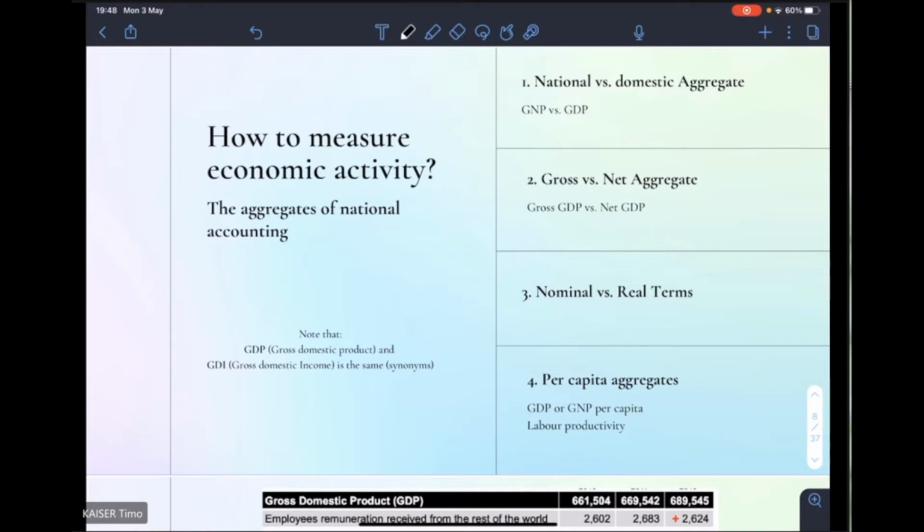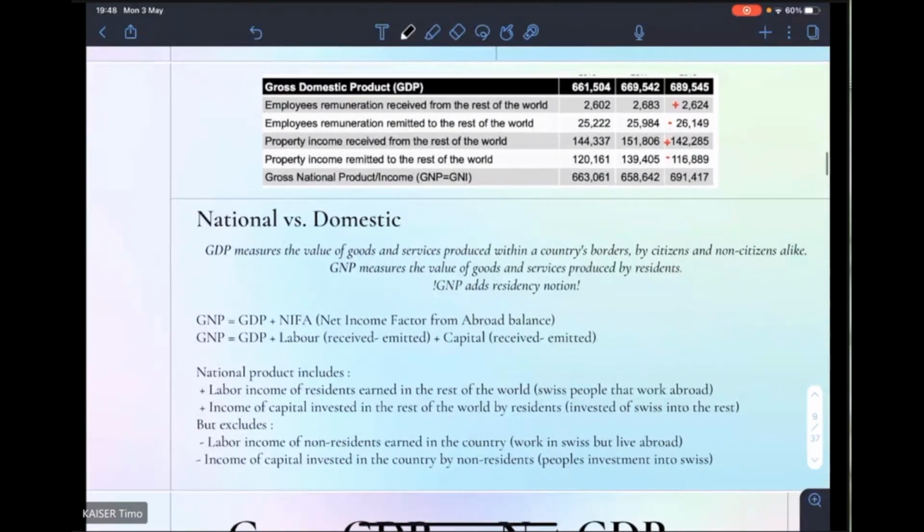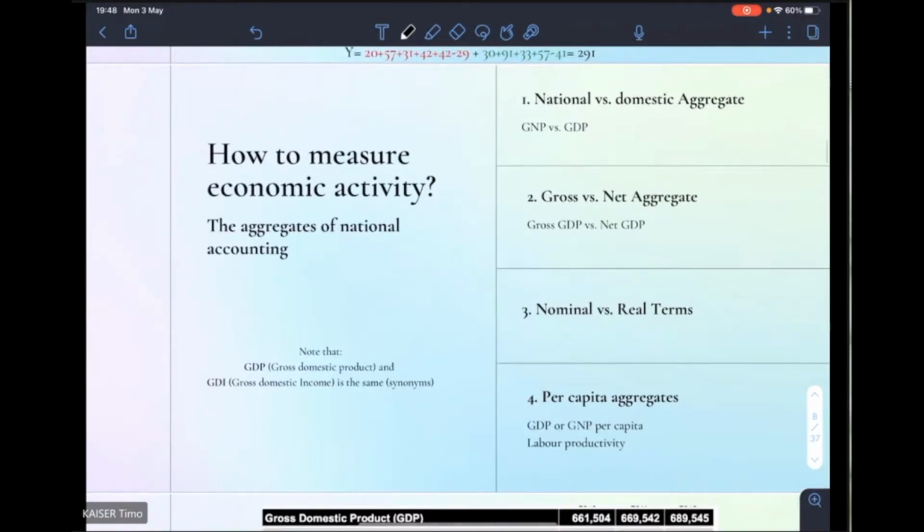And let's start with the first one that would actually compare national and domestic aggregates. Yeah, exactly. And just as a disclaimer before, in all of these 4 subcategories, there will be a lot of abbreviations, like for example, GNP, GDP, gross GDP, net GDP, and all of this, they have, in the end, they have all abbreviations.